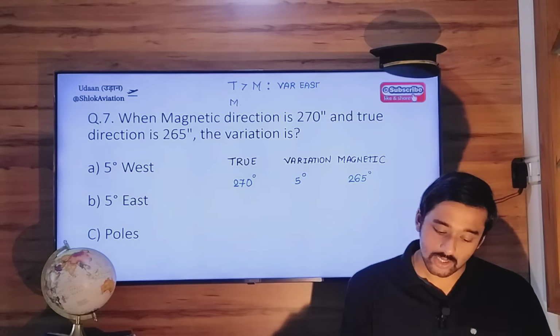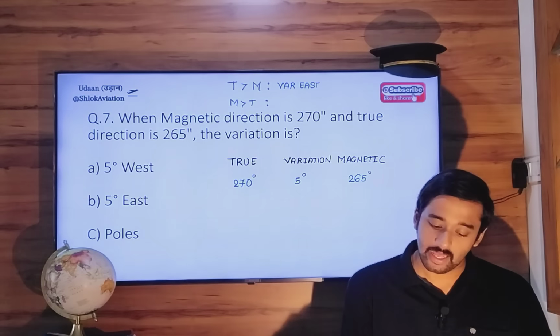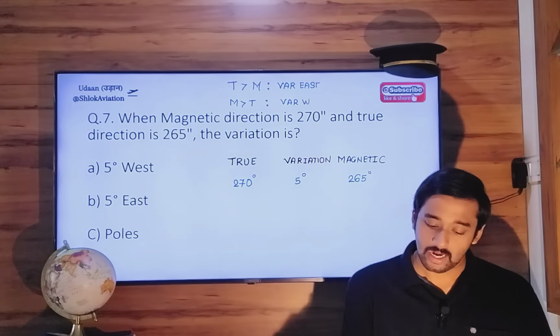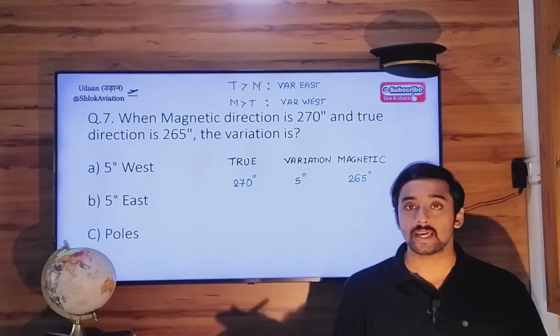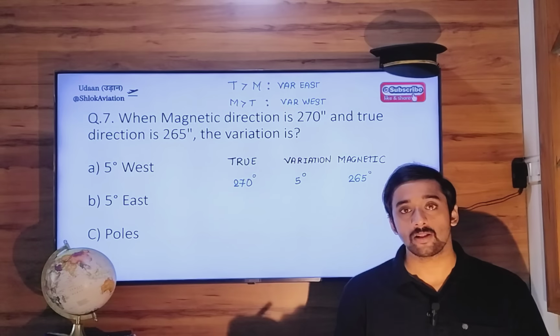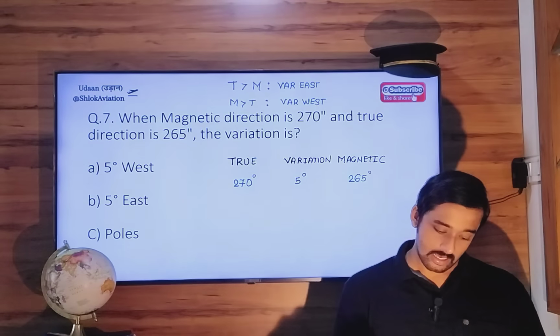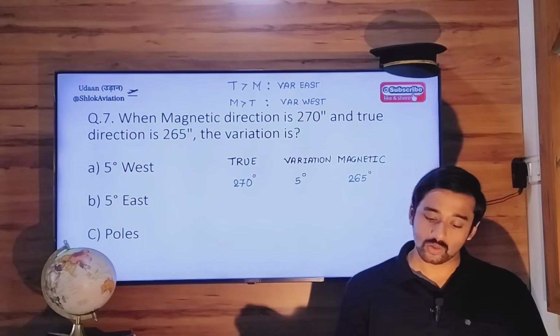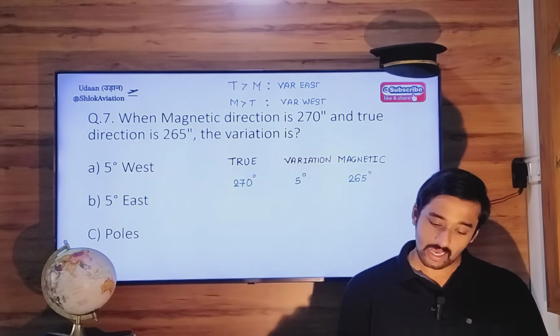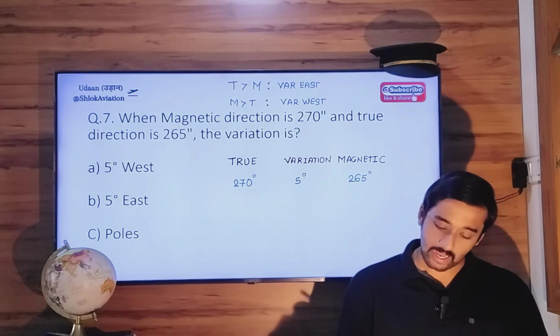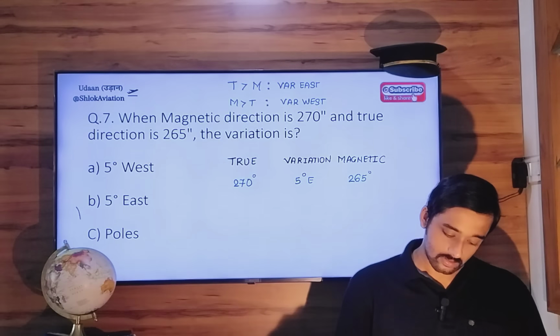And when magnetic is more than true, we say variation is west. That means variation west, magnetic is best. Magnetic direction will be more than the true direction. So when magnetic direction is 270 degree, true direction is 265 degree, variation is east, that is 5 degree east.